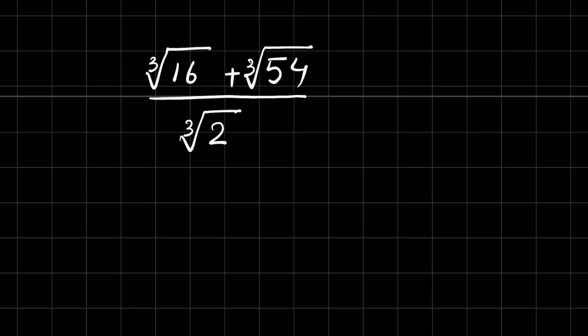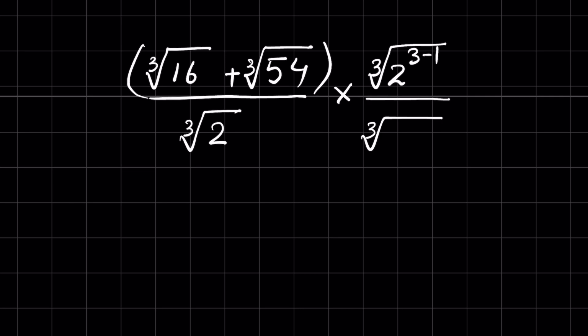Now let's multiply and divide it by the cube root of 2 raised to the power of n. Here n is 3, so 3 minus 1 under cube root upon 2 raised to the power 3 minus 1 under cube root.